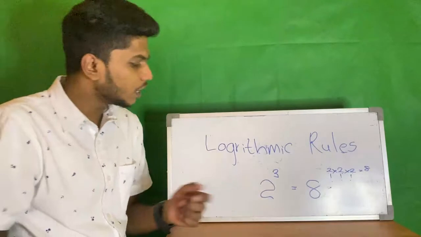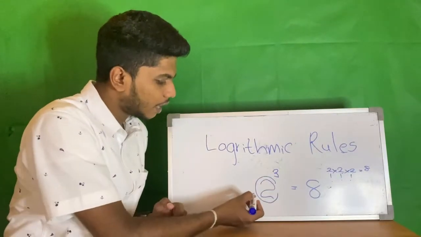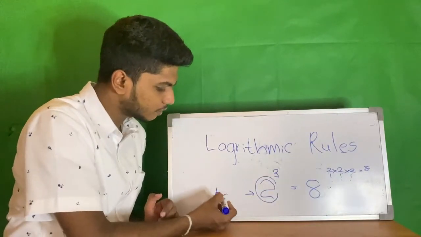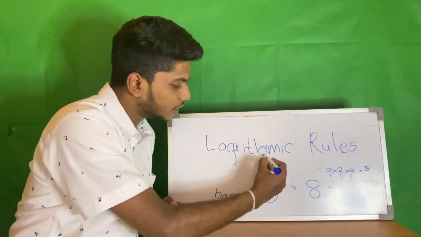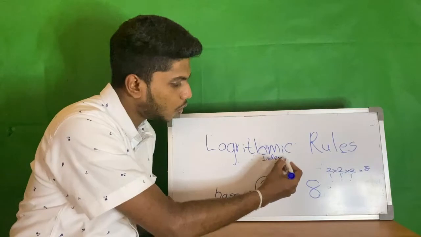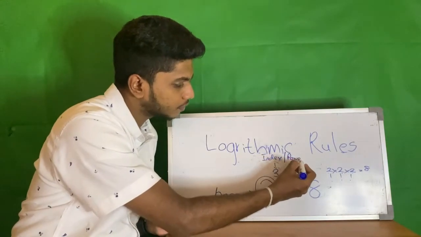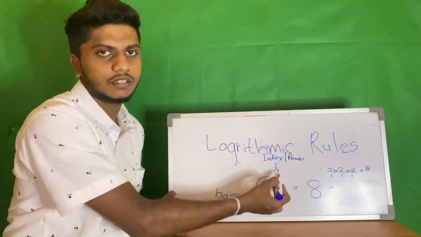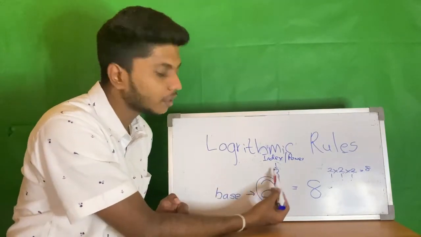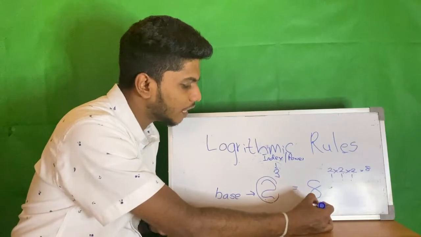We usually name this the base, and this the index or the power. That's why I always say 2 to the power 3. We name this as power or index, and this is the value.